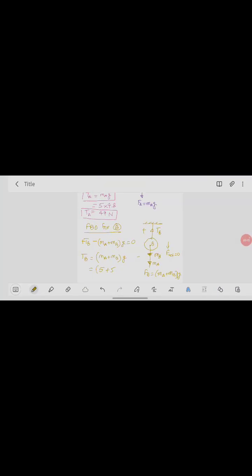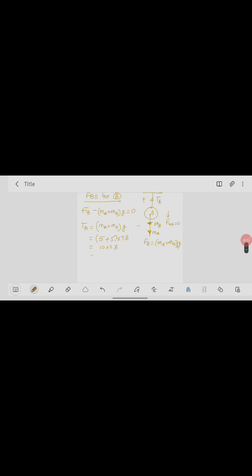Yes or no? Let's check. Both masses are 5. So 5 plus 5 multiplied by 9.8. So it will be 10 multiplied by 9.8. Correct? So you will get how much? 98 Newton.